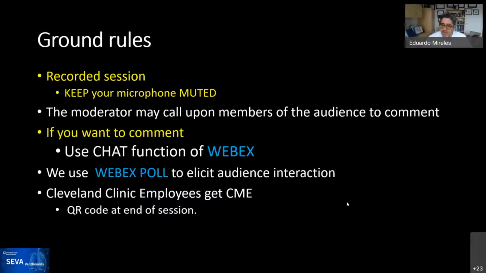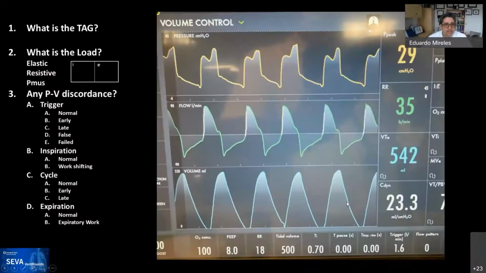All right. So let's get started. I have 3 waveforms. Any of the fellows want to give it a shot at this one? Actually, this is hot off the press. I took this picture today in the morning.